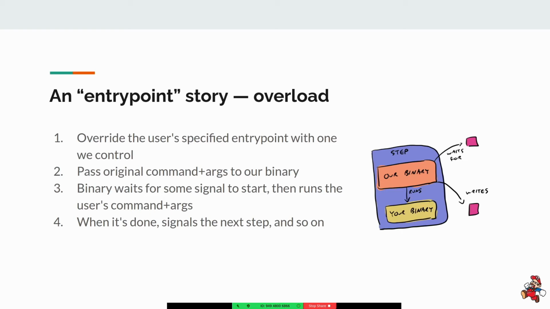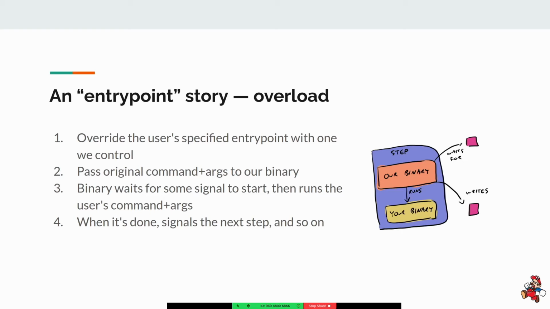If the user didn't specify anything, we'll check what was the image entry point, and then we will append it to our arguments. If the user provided something, we will append it to ours. So for example, if the user wanted to do an ls -l as entry point, in a really simple way, our entry point is executed, then ls -l, and thus we can control whatever gets executed.